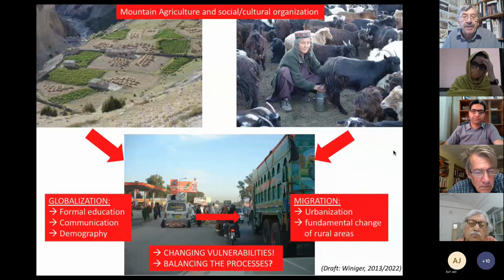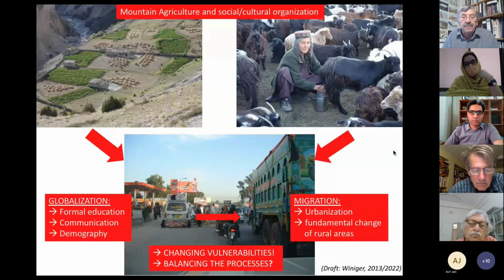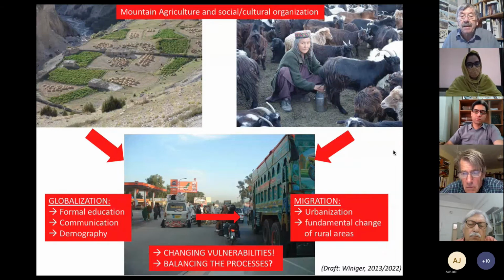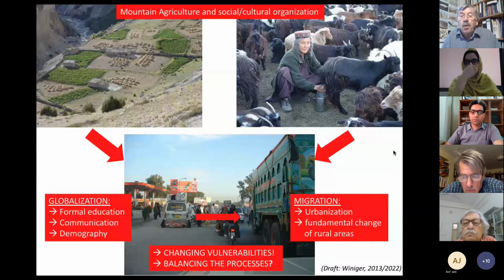We have formal education, we have communication systems, the demography I have mentioned before, things which lead to the fact that many of the young people from rural areas simply leave their places. That means it will change the agricultural systems in the high mountains and in many other areas as well. And on the lower side, on the right, you see it leads to migration.